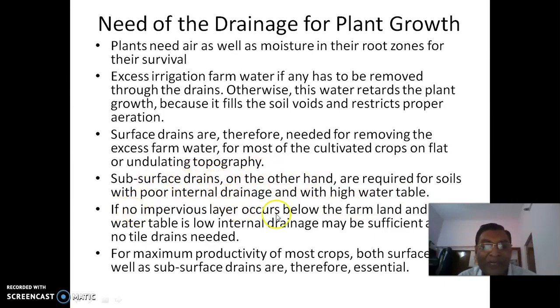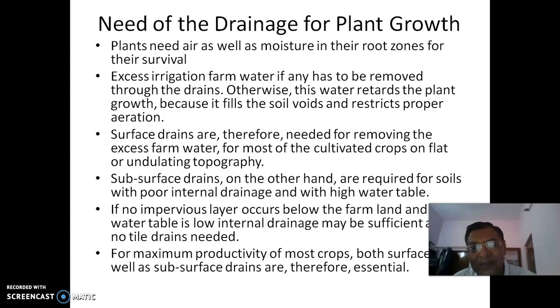If no impervious layer occurs below the farmland and the water table is very low, internal drainage may be sufficient and no tile drains are needed. Suppose the water table is deep and there is no impervious clay layer below the root zone, then there is no need of any tile drains.